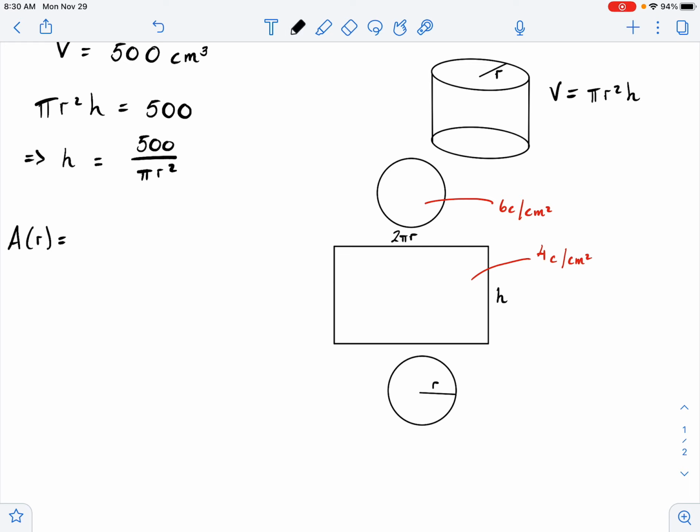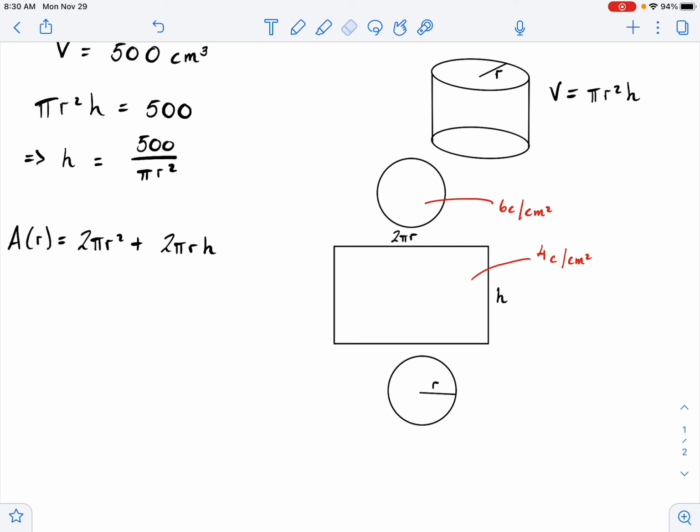The area of a disk is pi r squared, and I have two of them, top and bottom, so I will have 2 pi r squared, plus the area of the side. It makes the shape of a rectangle, so it's length times width. That's 2 pi r times h, so 2 pi r h.